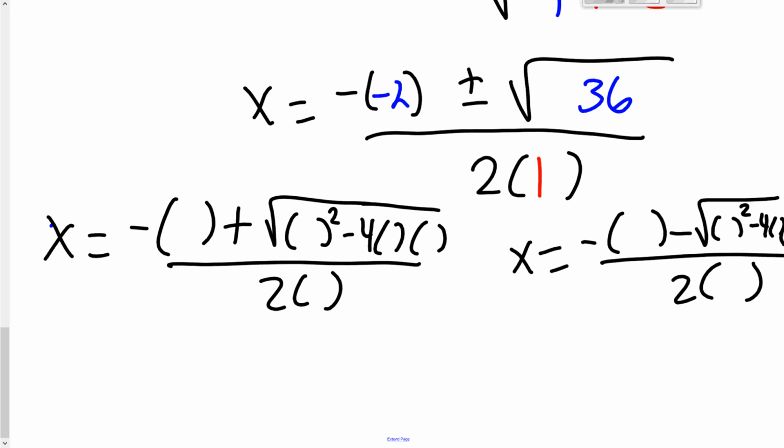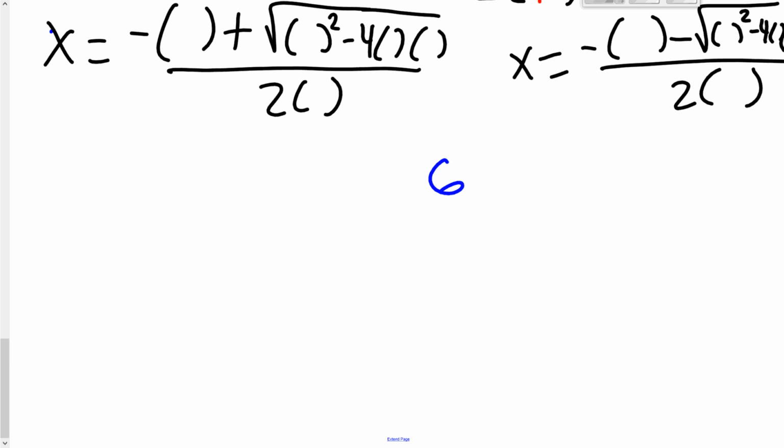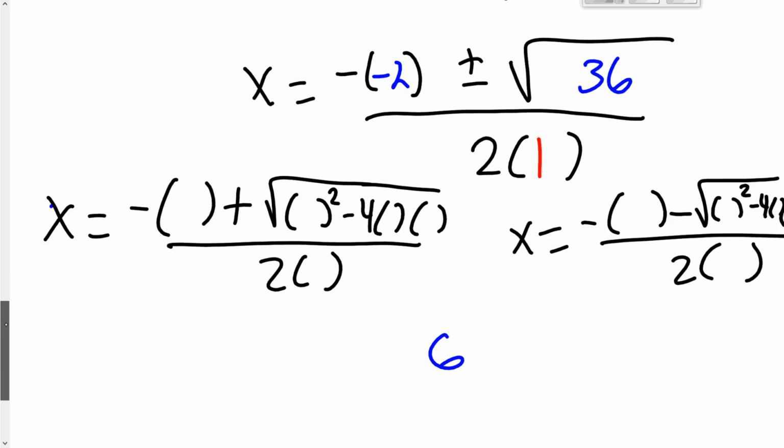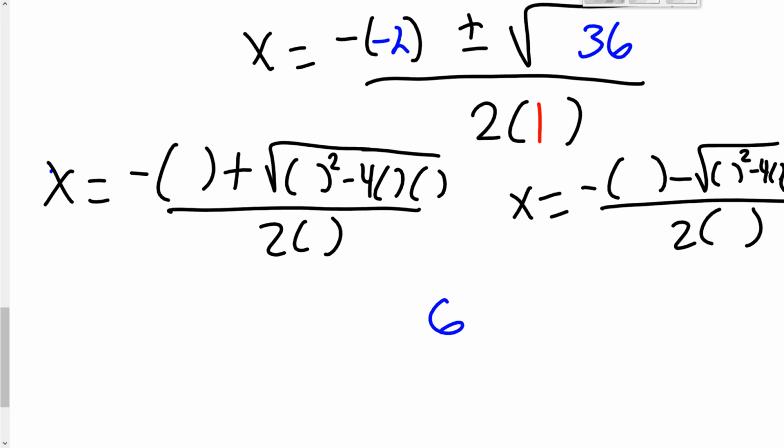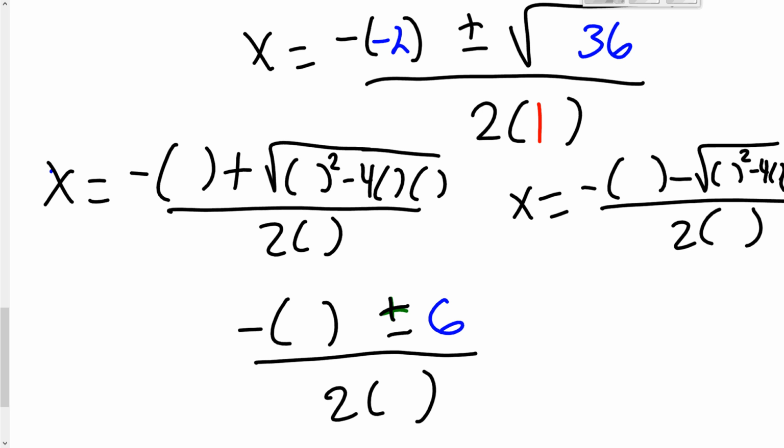The square root of 36 is 6. And then we have plus or minus, negative b, then it's all over 2 times my a. You want to simplify that root as far as you can first, then deal with the other stuff.